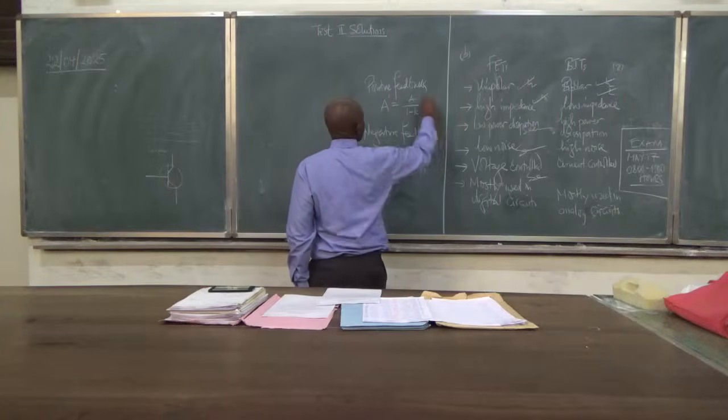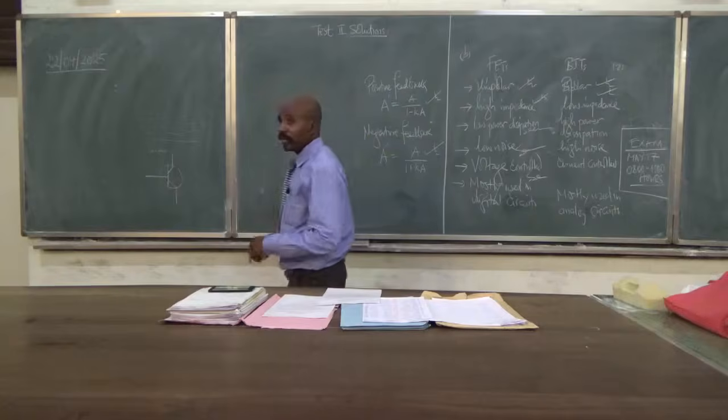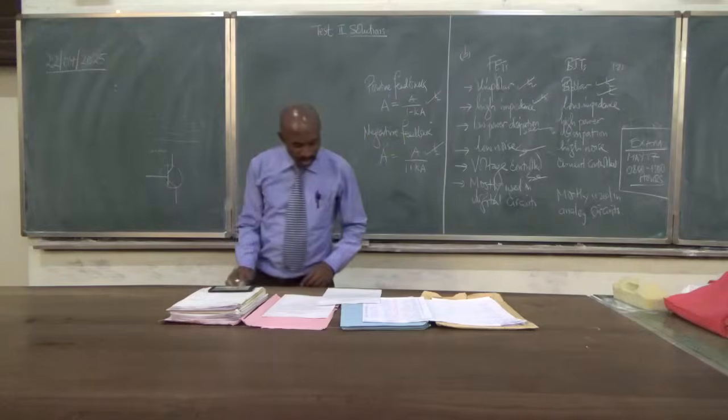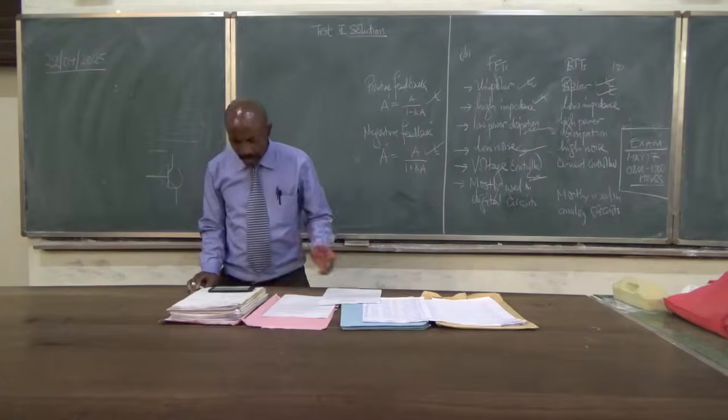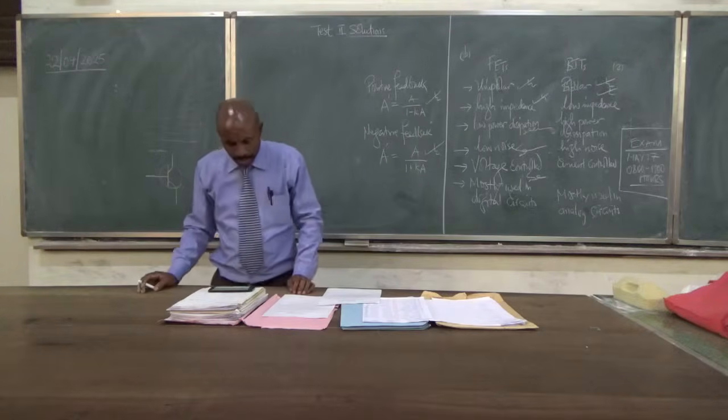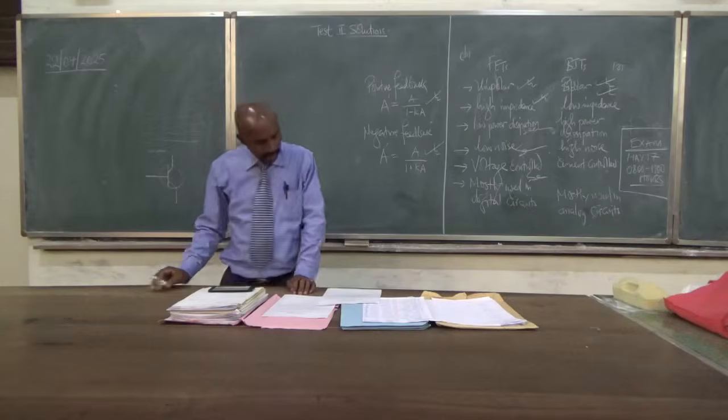I'll give you a half. I didn't care whether you defined what A prime is, but you needed to. A prime is the closed loop gain, A is the open loop gain, and K is the feedback factor.